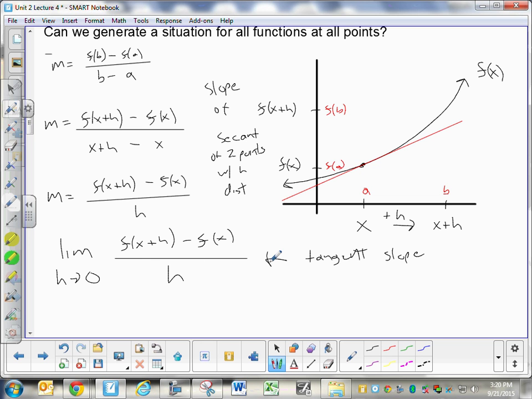And when h approaches 0, now the 2 points are infinitely close together. Okay. This is our tangent slope formula. This can be used for any function at any location.